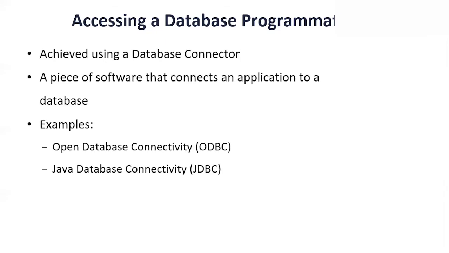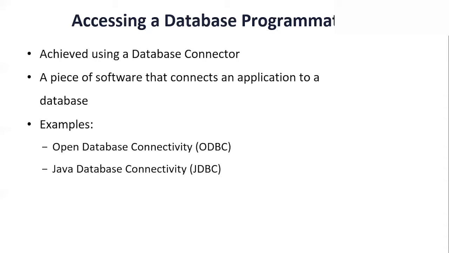This is achieved using what we call a database connector. That is a piece of software or code that connects the application to a particular database. Most of the time, these database connectors are either built into the programming language, or they are available as a separate library that you can add to a particular programming language.